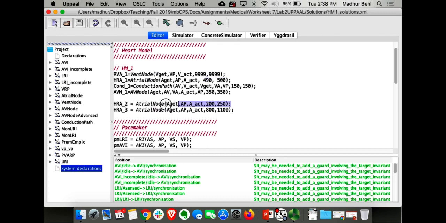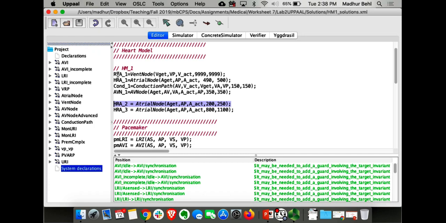So I am saying that your atrial node is highly likely to self-depolarize much quicker because it's half the rate. Can anyone remind me what this condition is called when the atrial node depolarizes much faster? It's tachycardia.